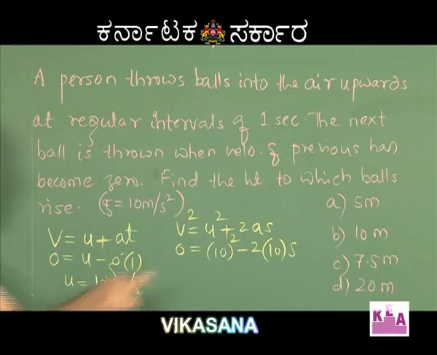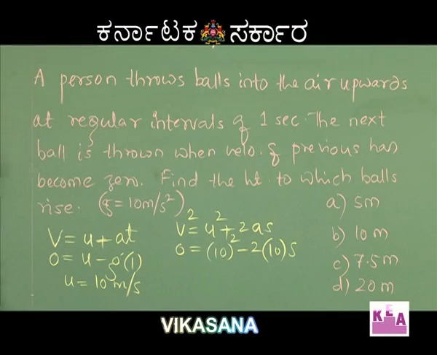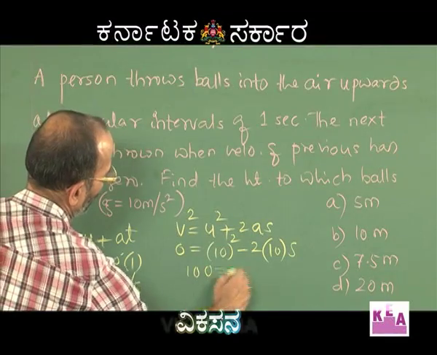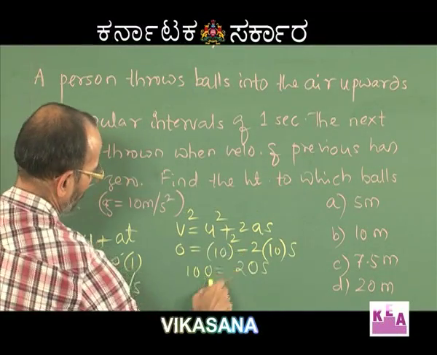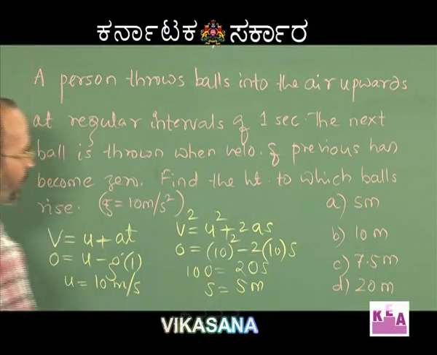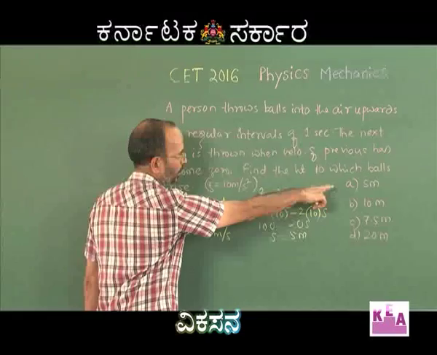Again minus 10 because vertically upward velocity is taken as positive, therefore the acceleration due to gravity which is in the downward direction is supposed to be taken as negative. What you get here is 100 equal to 20 s and s equal to 100 by 20, so 5 meters. That makes the first option a correct option.